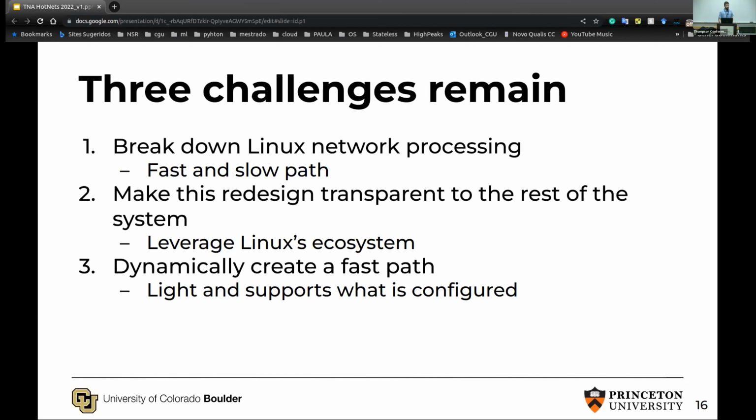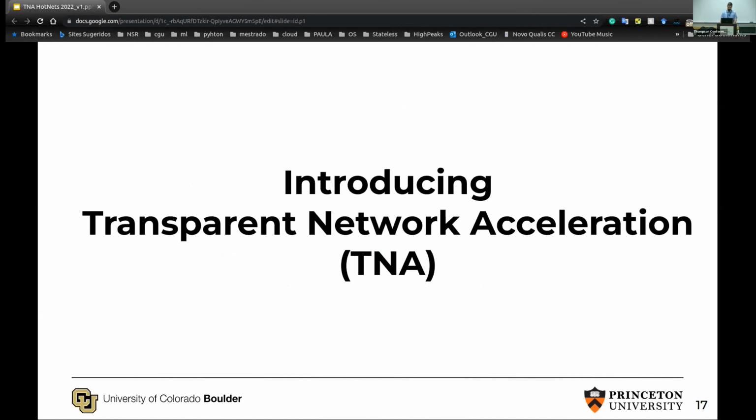The second one is to ensure that this redesign will be transparent to the rest of the system, so we can, for example, continue using Linux APIs and management tools to configure it, and also continue using Linux protocol implementations to build our services. And the third challenge is how to dynamically create the fast path that is light and will support only what's currently configured on Linux.